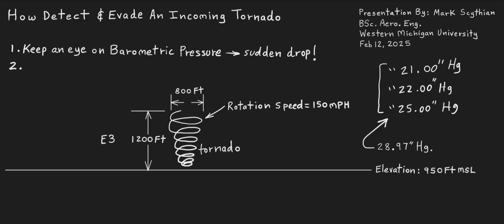I have another video that actually quantified the mass airflow in weight. But if we put it all together, there's a massive amount of mass airflow rotating at 150 miles per hour, and it's massive because of the diameter and the height. We have a huge amount of volume of air rotating. Through the metrics, there's about 138 billion watts of power in a typical E3 tornado.